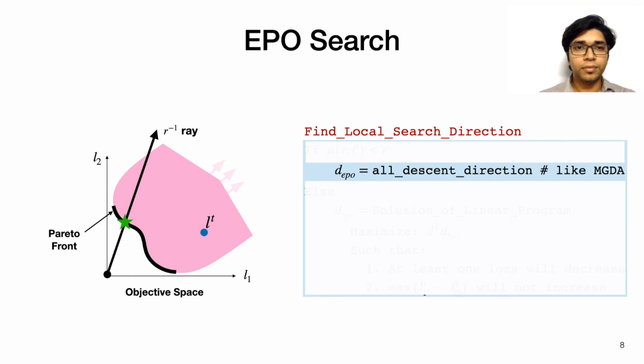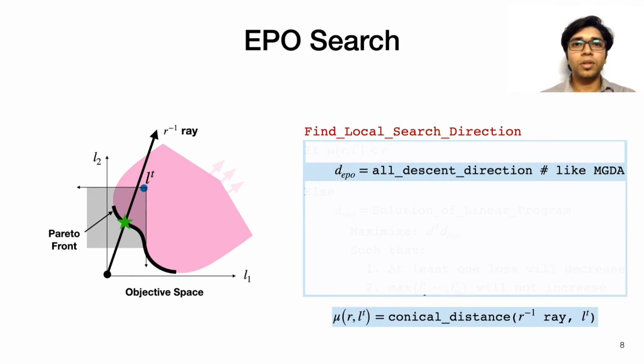For example, if the loss vector is very close to the R inverse ray, then it can reach the preferred point. We measure the closeness between the R inverse ray and the loss vector by a function mu. Intuitively, it measures how broad a conical region is required around this ray that can contain L_t.